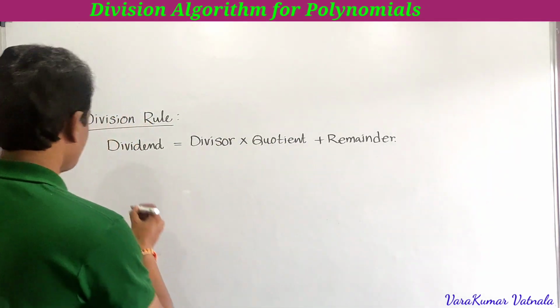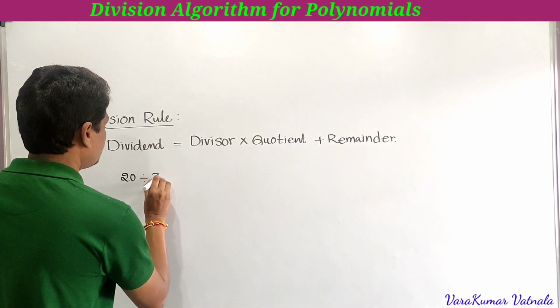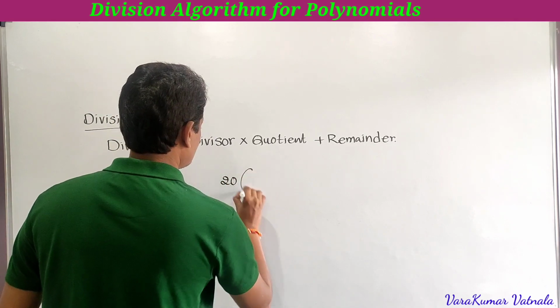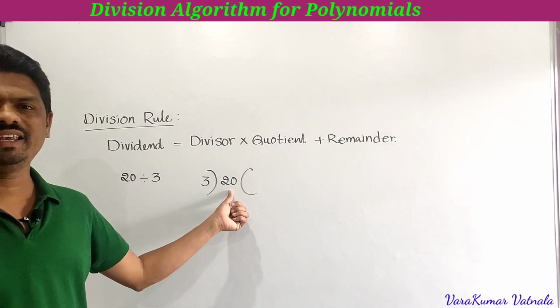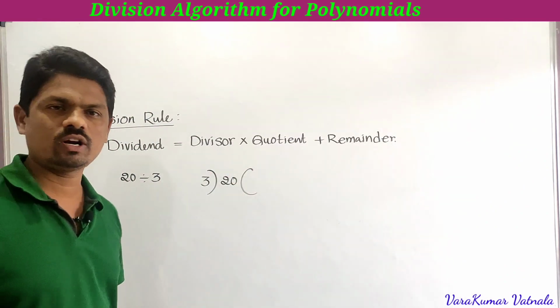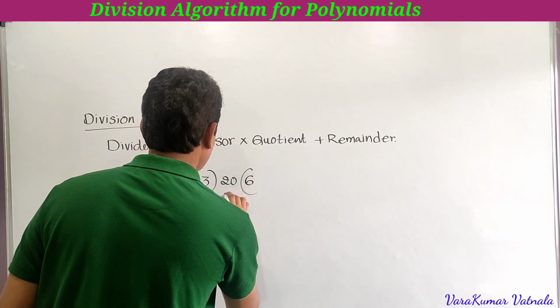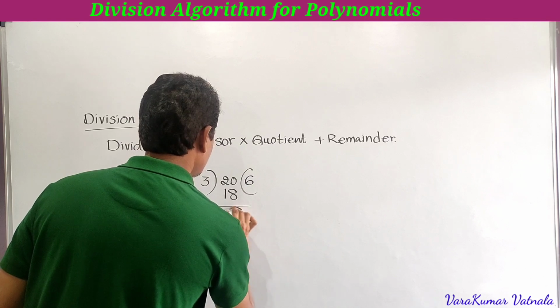Suppose I divide 20 by 3. Here 20 is the dividend, 3 is the divisor. How many times does it go? 3 sixes are 18. Now 20 minus 18 is 2.